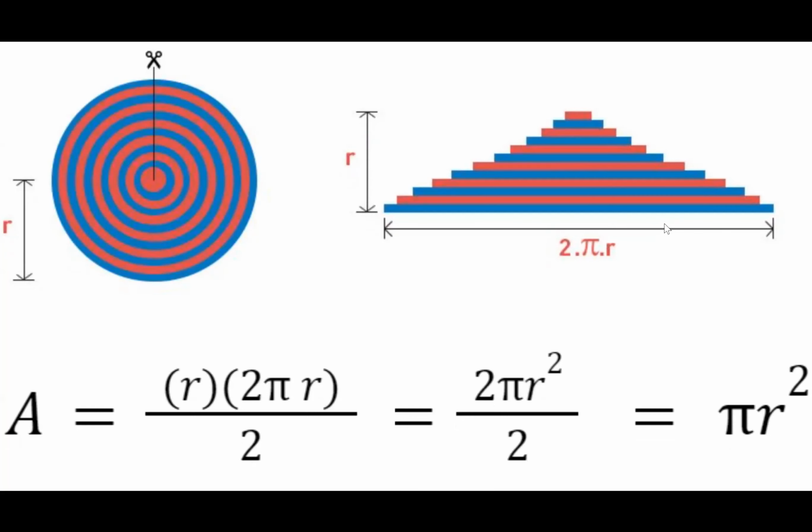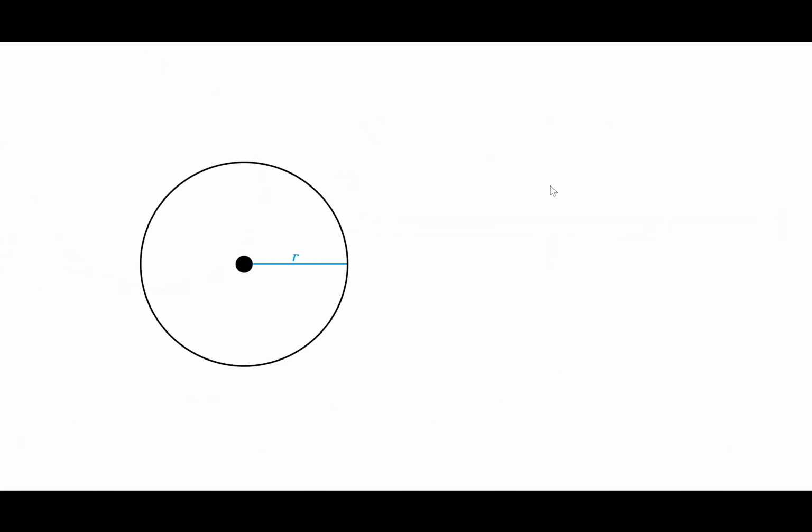Now let me take a look at what circumference is. Imagine I have a circle and I have a radius. It is a measurement, so I can bend it. If I had a string, I can make it go around the circle.